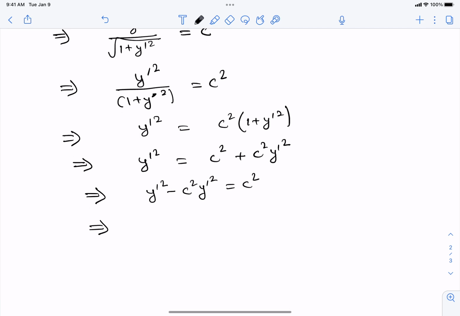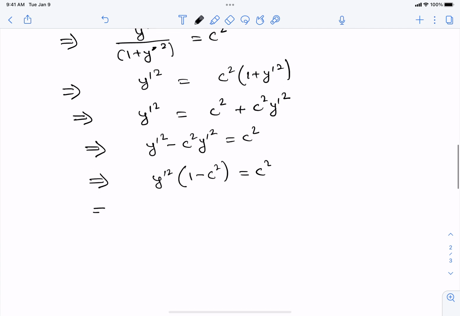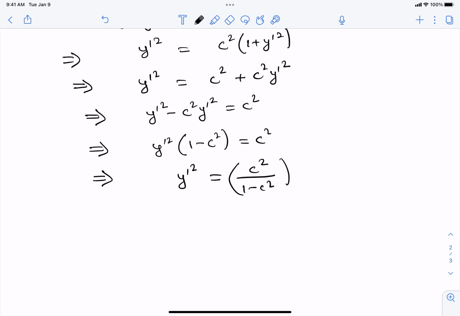Let's take y prime squared as common. So we'll get y prime squared times 1 minus c squared equals c squared. Finally, let's write y prime squared as c squared by 1 minus c squared. So y prime squared is now some constant.